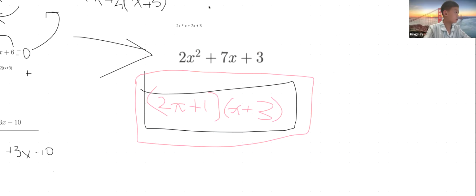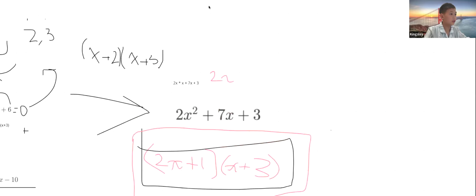And then I like to put it using the method before, like 2x and then x, and then the factors of 3 are only 3 and 1, so it has to be some order of 3 and 1.